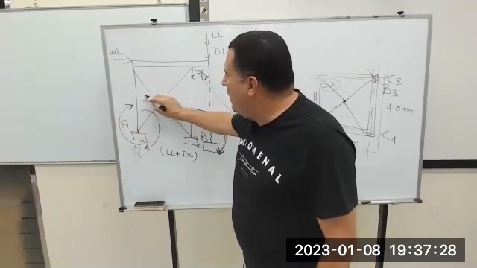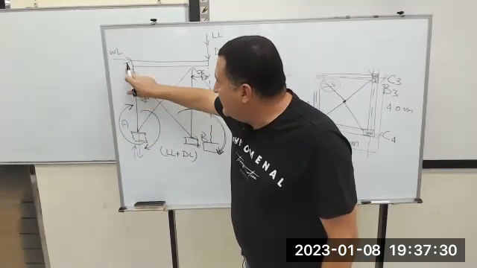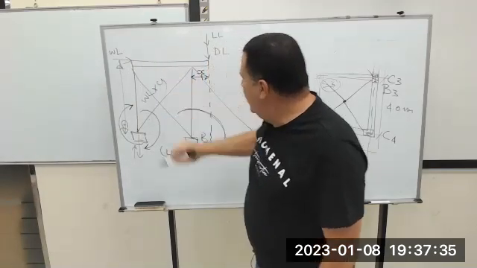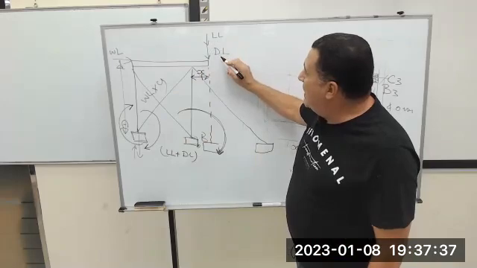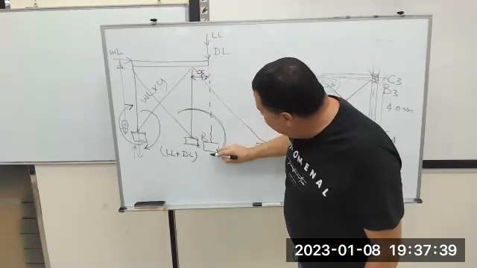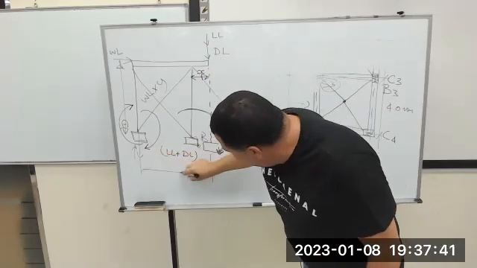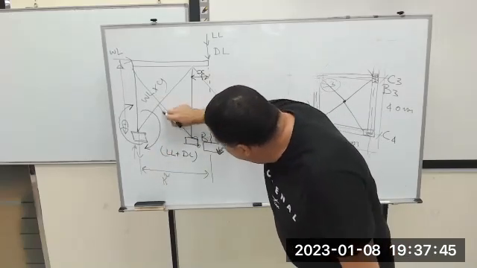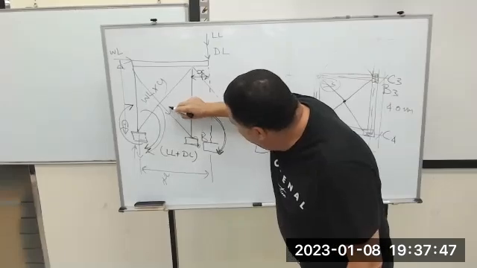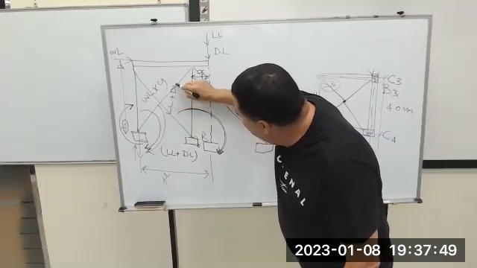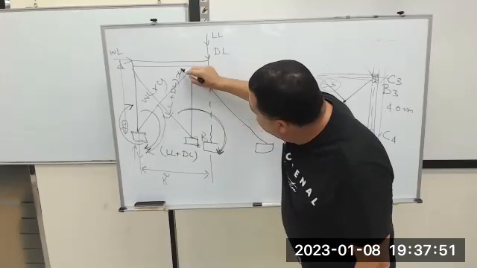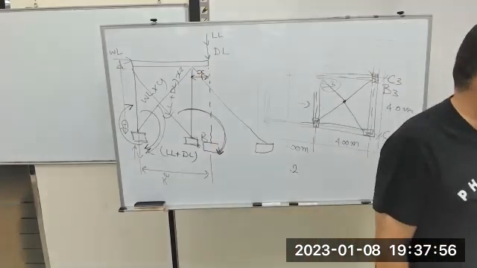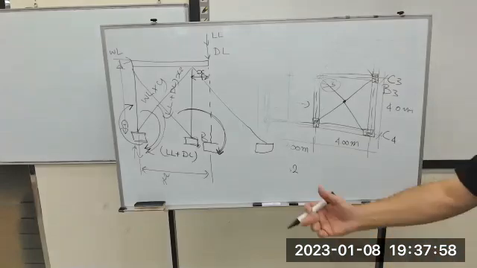This is WL multiplied by what? Multiplied by the distance Y. Correct? This Y. And we have LL plus DL multiplied by the distance, which is X2. You add another moment, LL plus DL multiplied by X2. What is the combination?